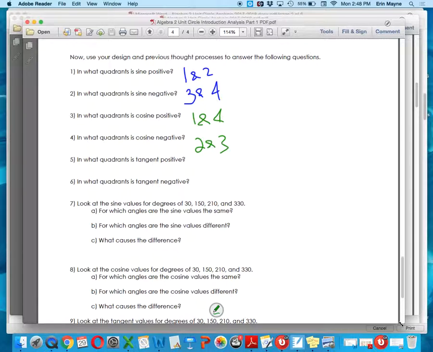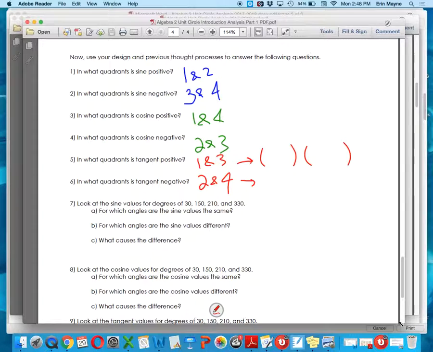For quadrants 1 and 4, x is what? Hey, quadrants 1 and 4 are positive x's, and quadrants 2 and 3 are negative x's, and that aligns with cosine. What about tangent? Ooh, Beverly, go. 1 and 3 is positive and 2 and 4 is negative. So totally agree. Can you tell me why? Because, well, the 1, that's just all positive, but because of the 3, you're dividing a negative by a negative.